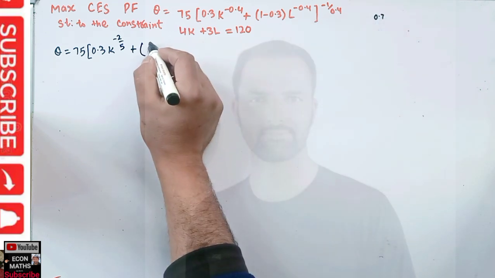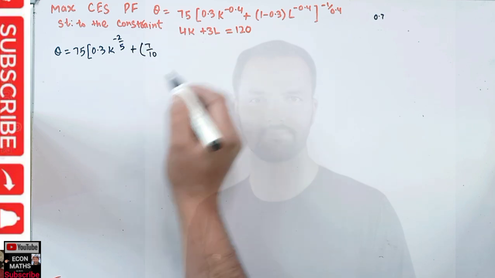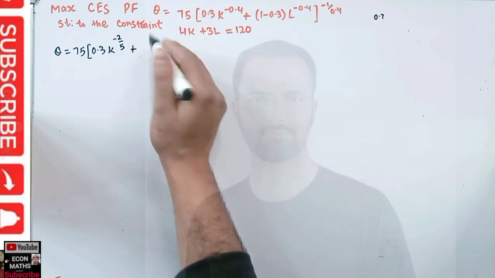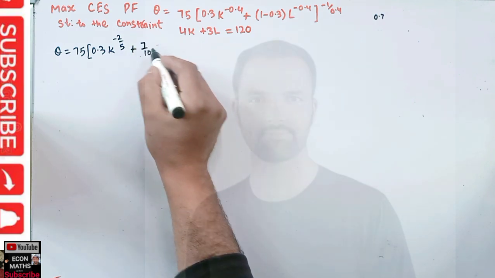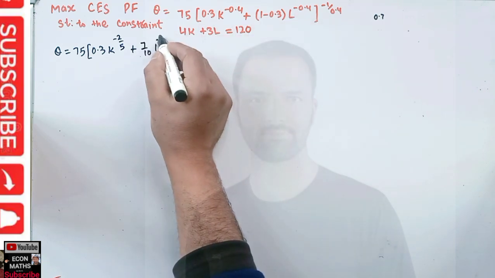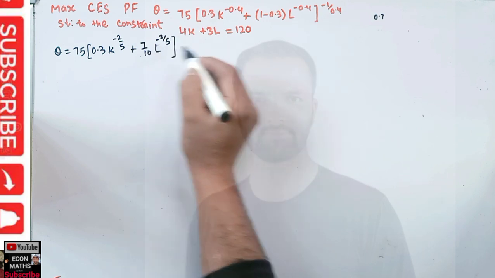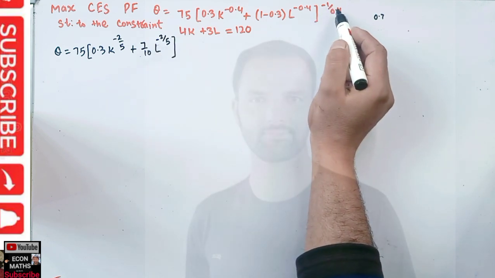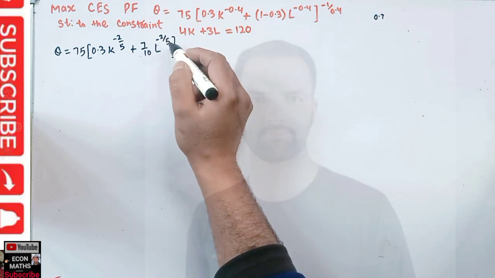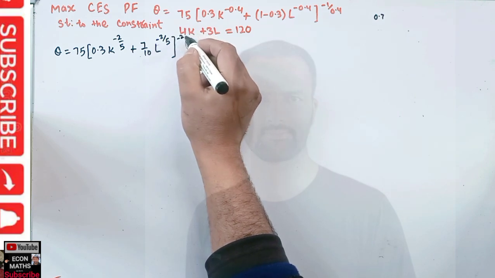So this is 7 upon 10 L to the power minus 2 upon 5, whole. The minus 1 upon 0.4, if we take the reciprocal, will become minus 5 upon 2.